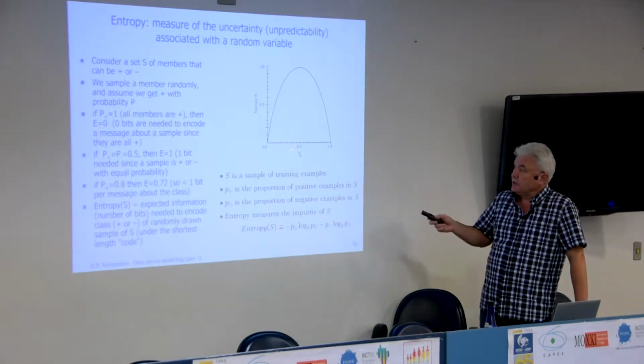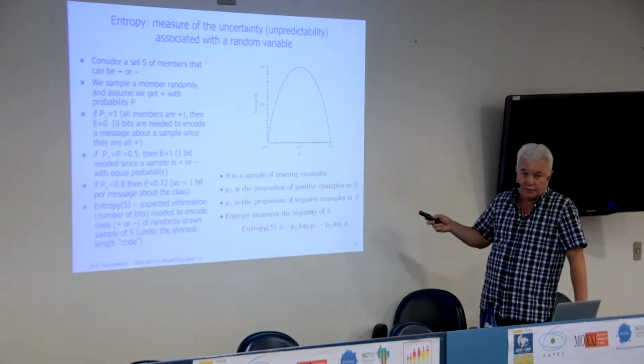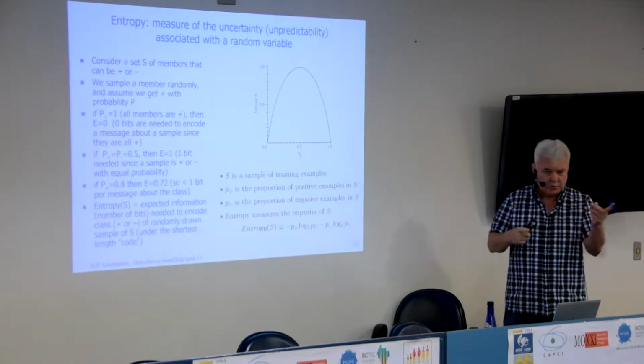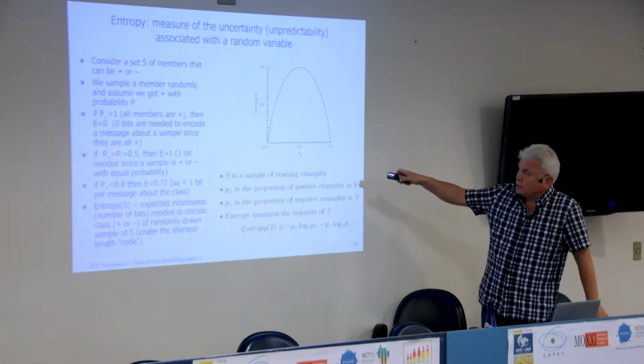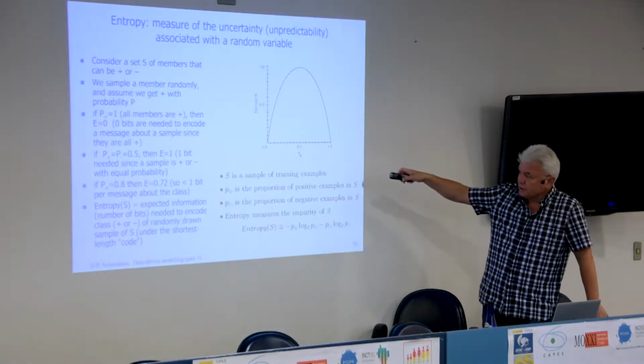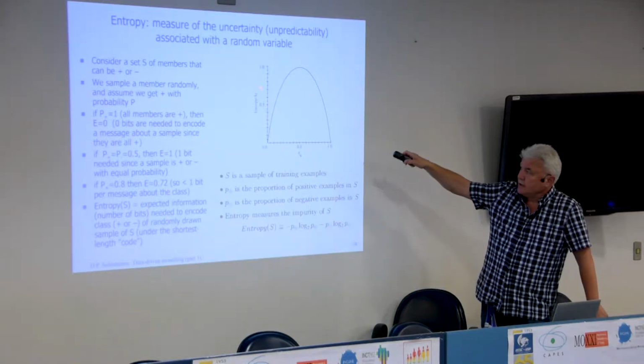Look, if we put the probability to find an example belonging to the plus class, like 1 or 0, plus, minus, the same thing, this formula would look like this. Sorry, this is the plot of entropy of S against the probability.